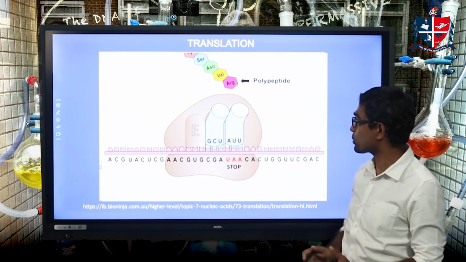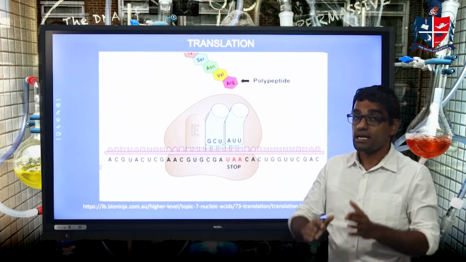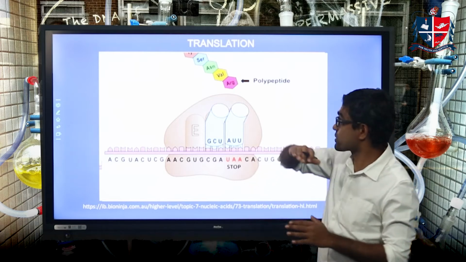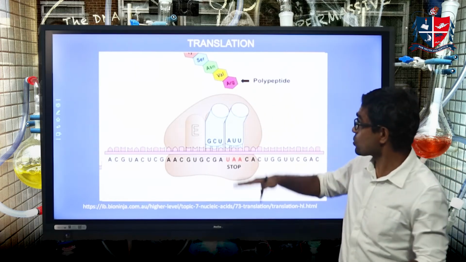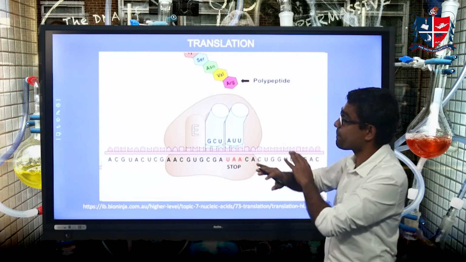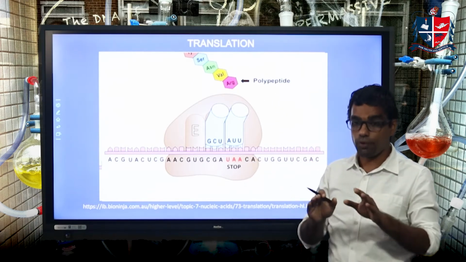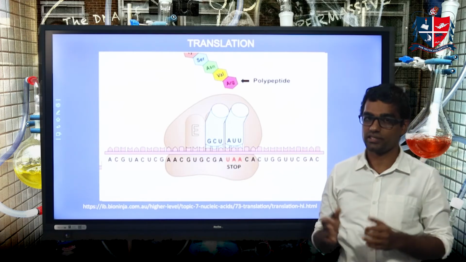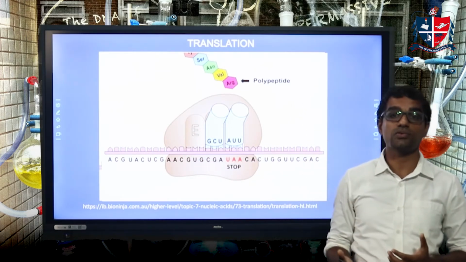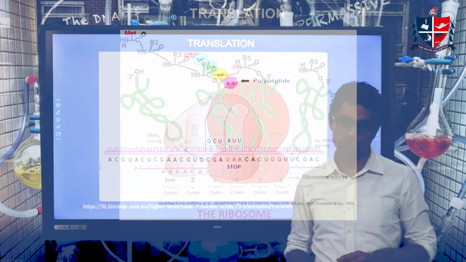When that stop codon comes, what happens? The peptide is cleaved, and that's a signal for stopping the peptide synthesis. So the polypeptide is released. So the protein, according to the information contained in this mRNA, is released. This is how protein biosynthesis occurs in the ribosome.